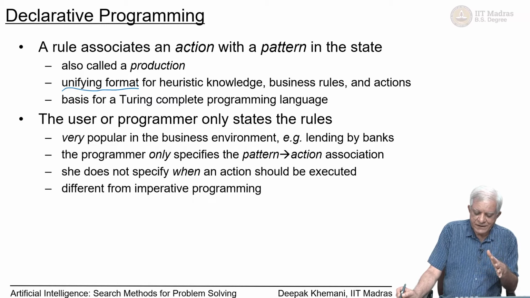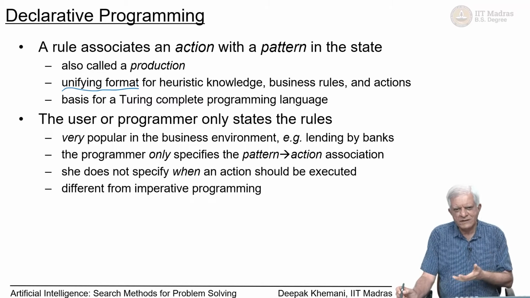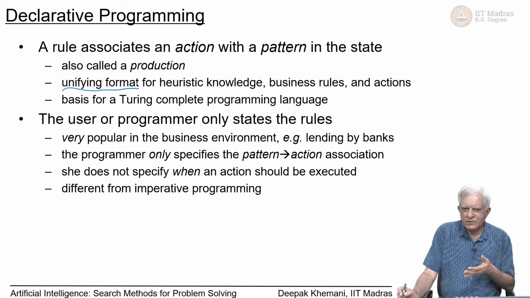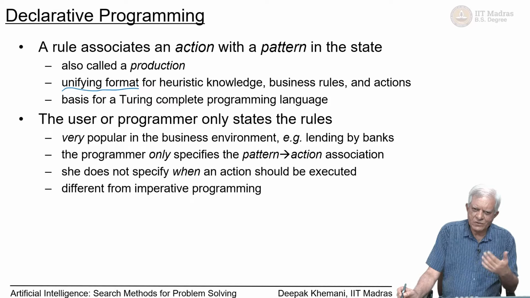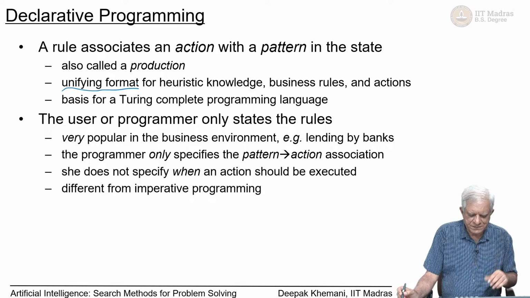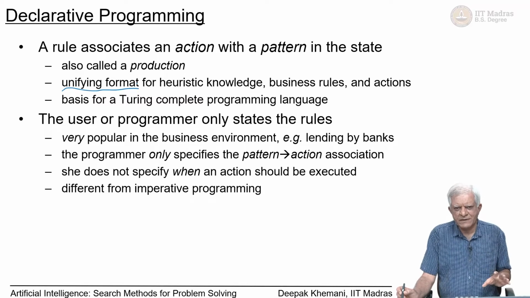She does not specify when that action should be executed, which is what happens in imperative programming, that you say, okay, do this action, then do this action, and those actions may be conditional statements. If something is true, do this, or if something is not true, do that, which can be extended to things like loops. So, for example, they are also conditional actions. While something is true, do the following set of actions and so on. In declarative programming, we do not do all that.